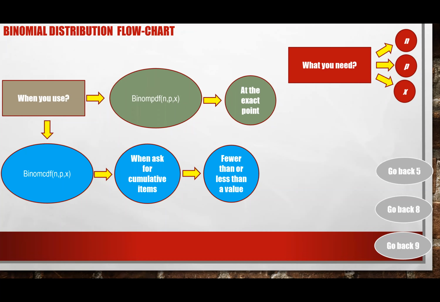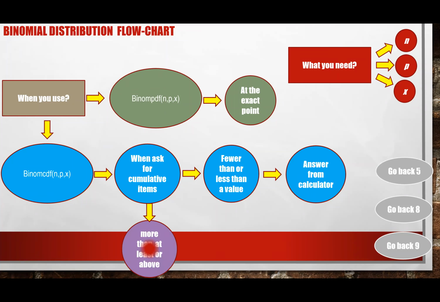If it's fewer than or less than an actual value, then you type it in your calculator, and whatever the answer from your calculator is, that is the answer. The other case is more than, at least, or above, like more than 7 people, at least 7 people, or above 7 people. It's just the wording, right?